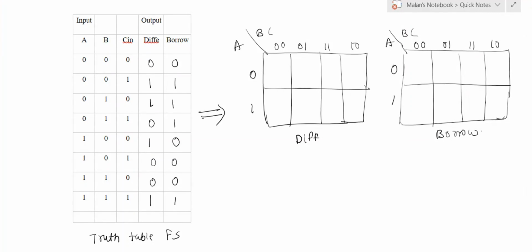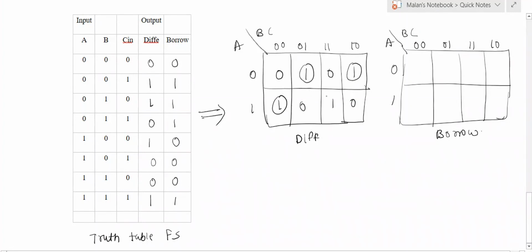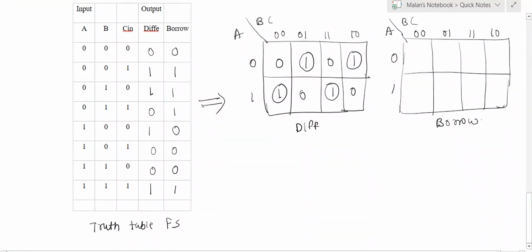Now for the difference, the K-map entries are 0, 1, 1, 0, then 1, 0, 1. No pairing is possible; all are isolated ones. So circle all the isolated ones and find the Boolean function representing them.